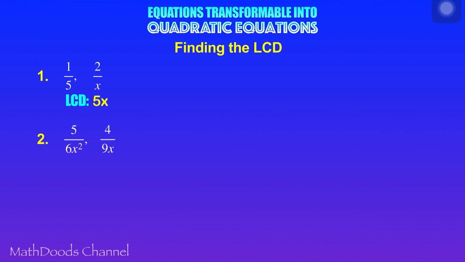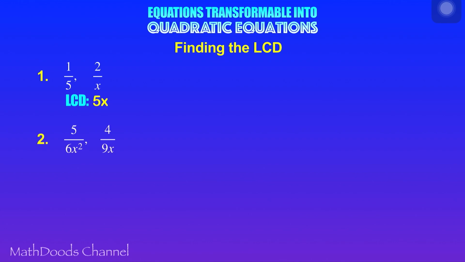Second example, 5 over 6x squared and 4 over 9x. So 6 and 9 are not relatively prime. So, hindi mo pwedeng i-multiply yung 6 and 9 tapos 54, hindi. So, ang LCM ng 6 and 9 is 18.